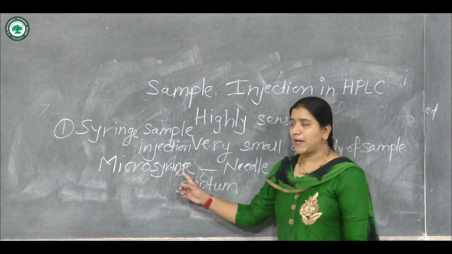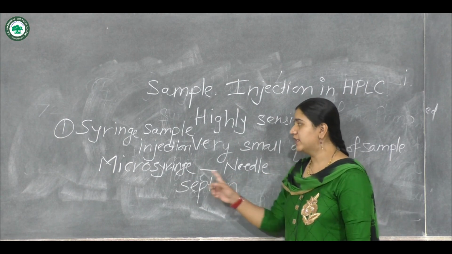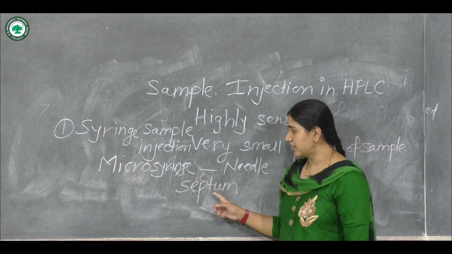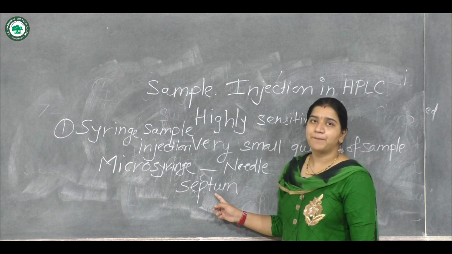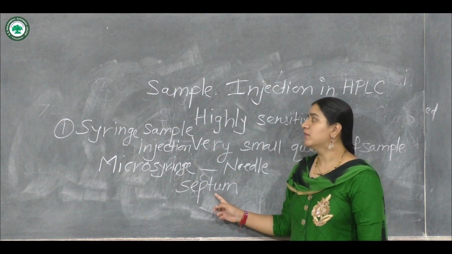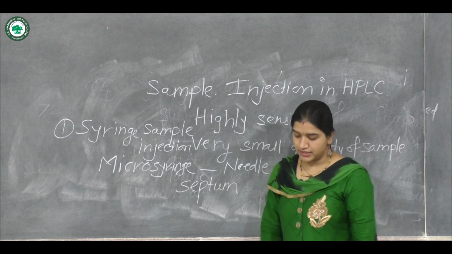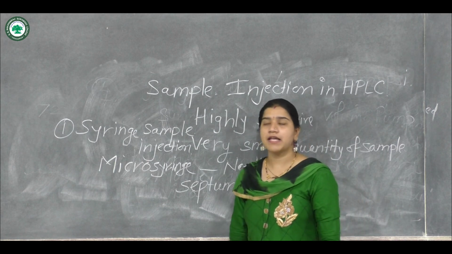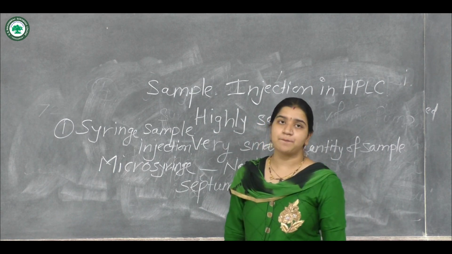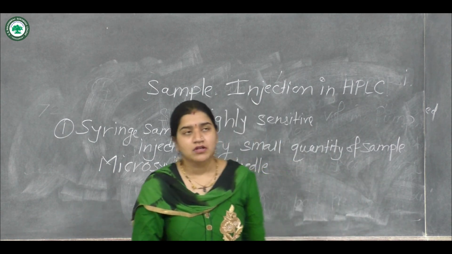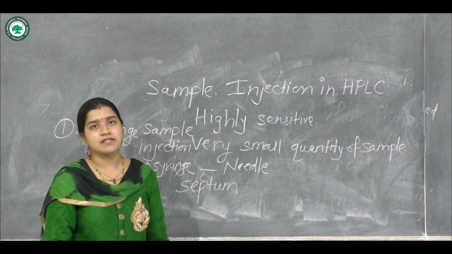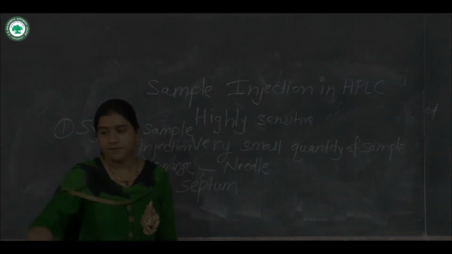That is, the micro syringe with a needle is injected inside the column through the septum, and a very small quantity is required by using the syringe sample injection. Now the second one is known as the septumless injection.